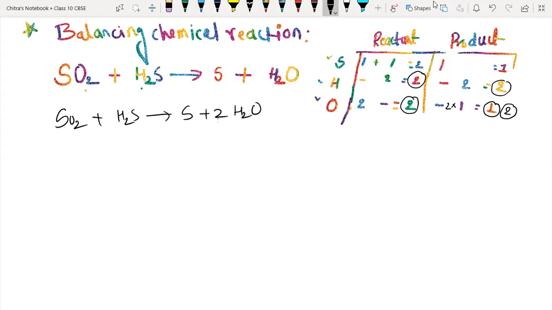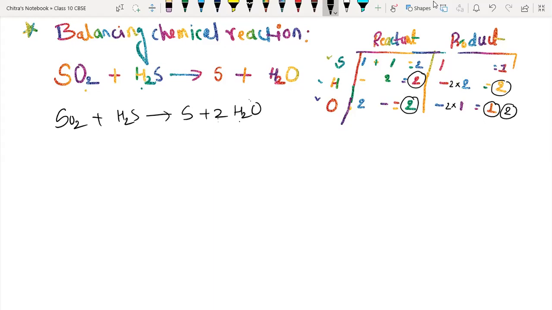We have balanced the oxygen, but the number of hydrogen has also increased. Is it or not? So in hydrogen also we have to multiply by 2. The effect on oxygen is carried over to hydrogen also.